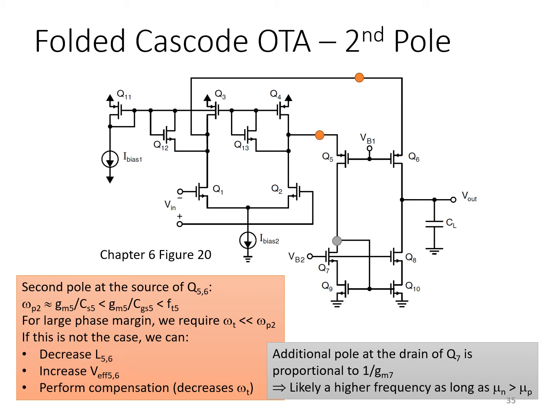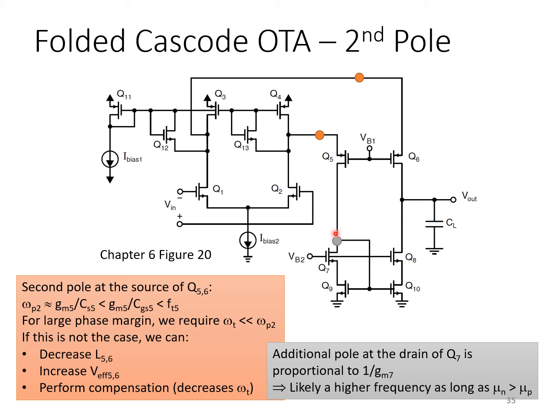The reason being, for fixed bias drain current, larger V effective will mean a smaller transistor with therefore smaller associated parasitics. That's not too surprising. And so having done everything we can to maximize that second pole frequency, what we do is compensate the loop to achieve the specified phase margin without impacting that second pole.